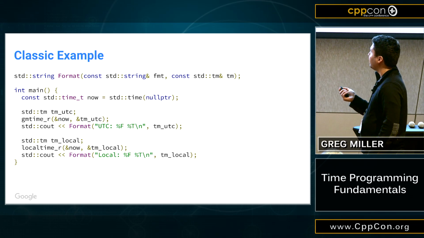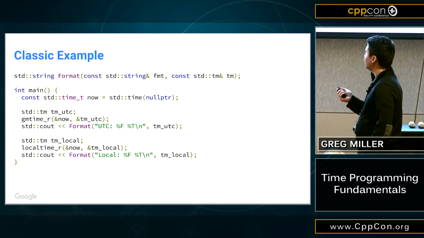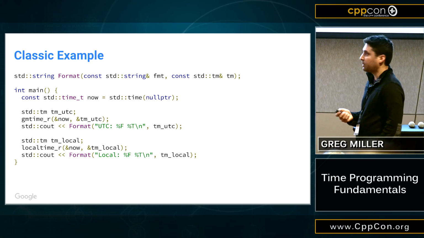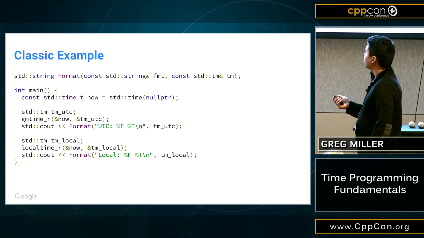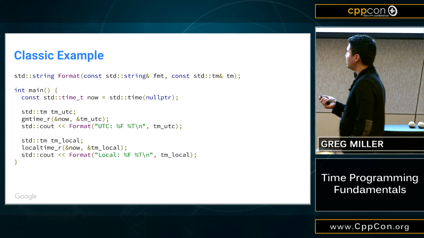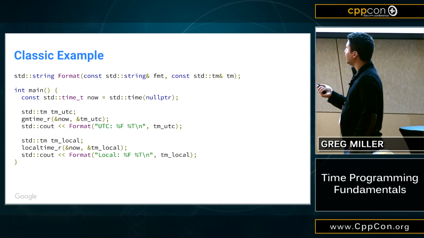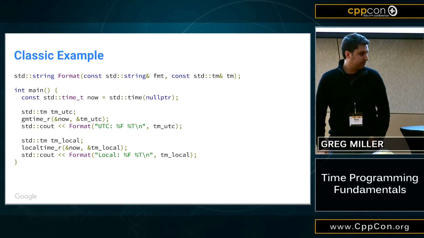And I'm just going to format it. This %F is shorthand for year, month, day separated by hyphens, and %T here is shorthand for hour, minute, second separated by colons. And down here, this last block here, we just do the same thing, but we use the localtime function. And we'll just break down the current time in the local time zone, and we'll fill in the struct tm, and we'll just go ahead and print that as well.